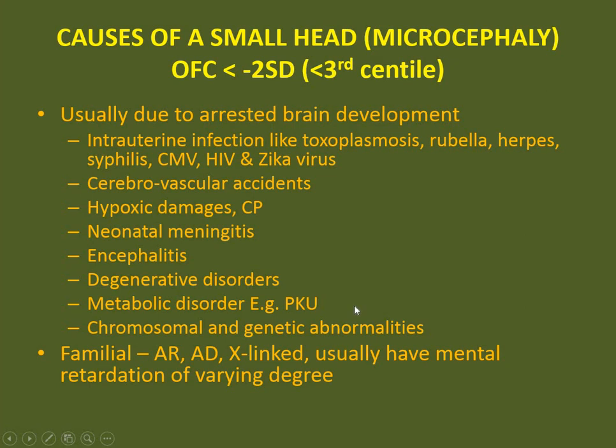We saw a few chromosomal abnormalities like neurofibromatosis, certain diseases causing a large head, and here like Turner syndrome, Patau syndrome, Edwards, and so on, they will have a small head. Right? Again, familial conditions are there when there is no other abnormalities associated. Autosomal recessive, autosomal dominant, X-linked, and all. And here, however, they have found that there may be mild mental retardation.